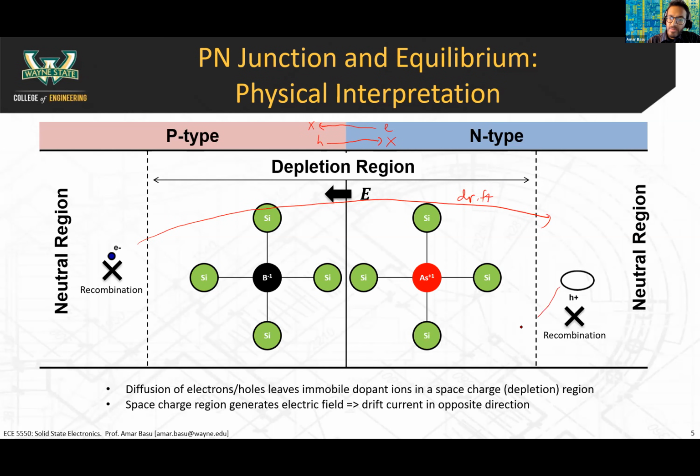And there's going to be some movement of holes back this way due to drift. Electrons drift opposite the electric field.